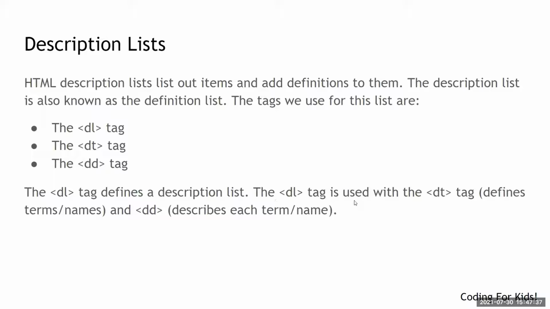The DL tag is used with the DT tag, which defines a term or name. You will see what I mean in the next slide. For example, coffee would be our DT, our definition term, and then our DD, which describes it, would maybe be something like hot drink. So that's what a description list is.